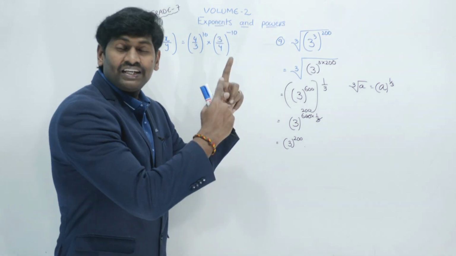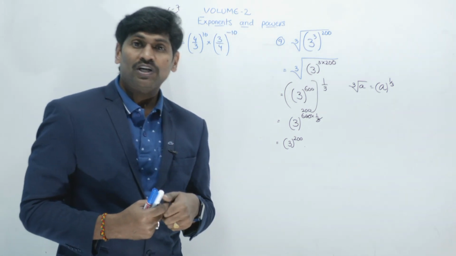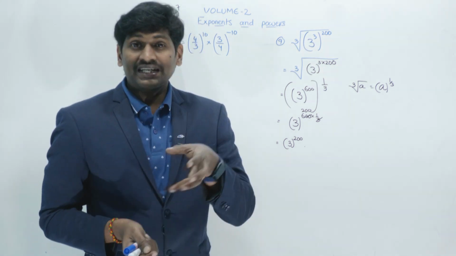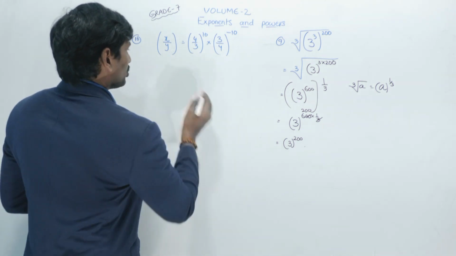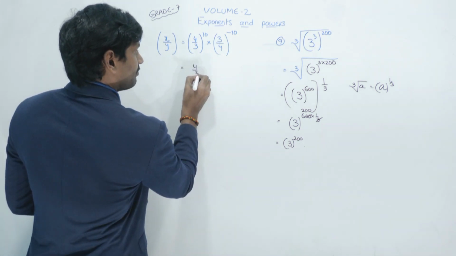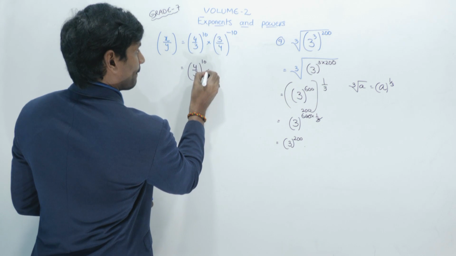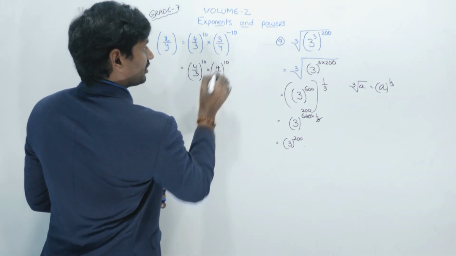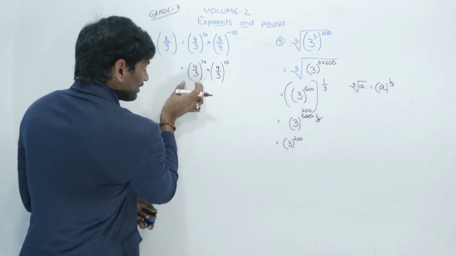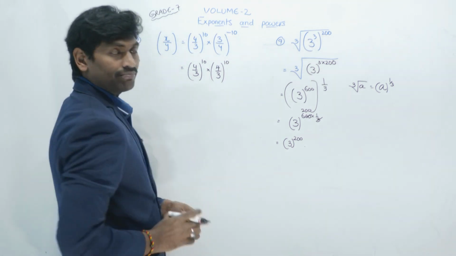So change the negative exponent into a positive exponent. What we have to do? Apply the reciprocal of the base. After applying the reciprocal of the base here, 3 by 4 becomes 4 by 3 whole to the power of 10. And while you are observing, both the bases are the same and there is a multiplication symbol between them.